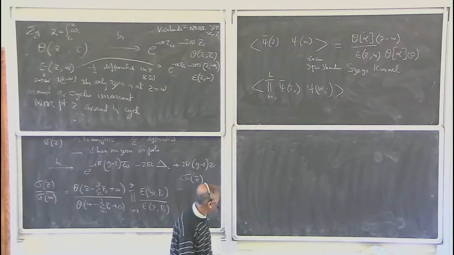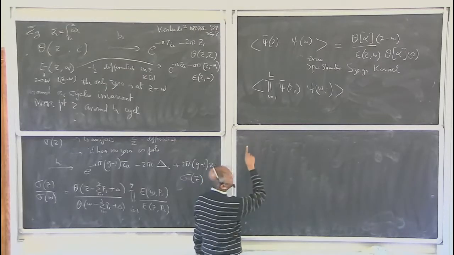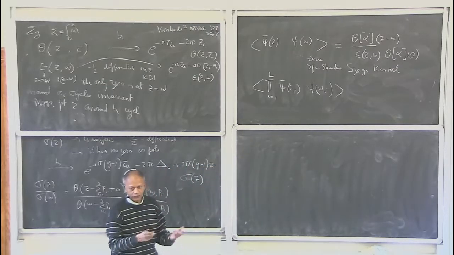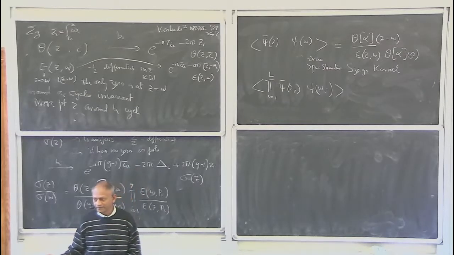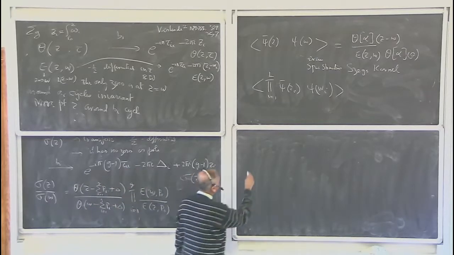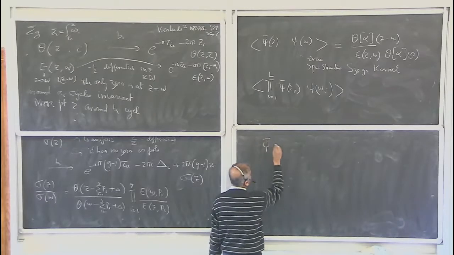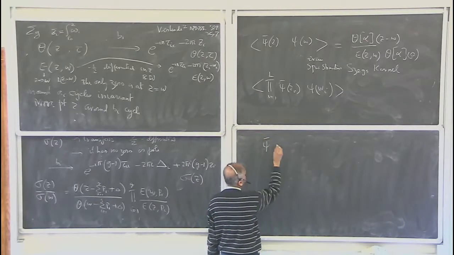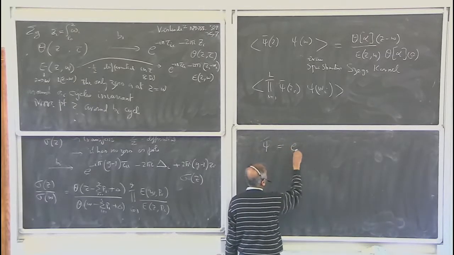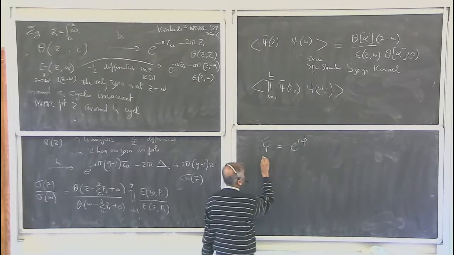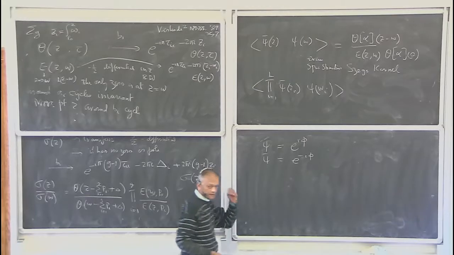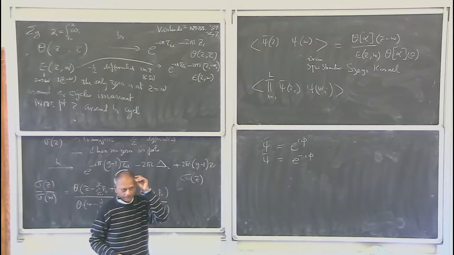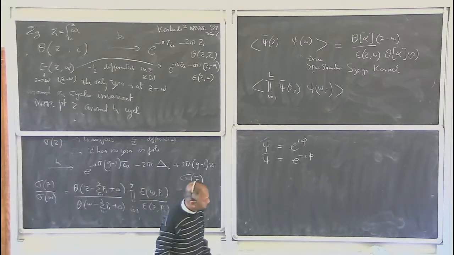So the idea is that if I take one complex fermion, which means 2 real fermions, then that is equivalent to 1 boson. So psi bar psi, and what we can say is that psi is, for example, e to the i phi, and psi bar is e to the minus i phi, okay, where phi is one compact scalar.